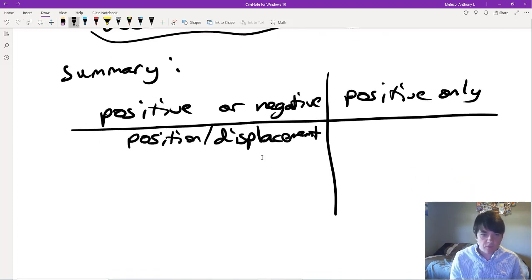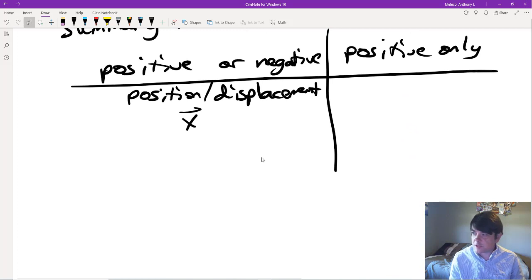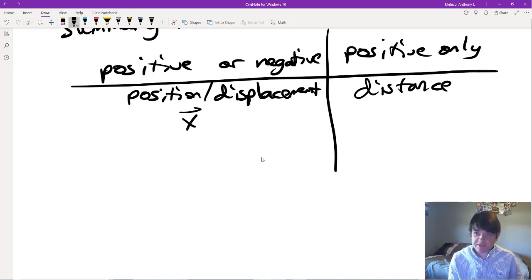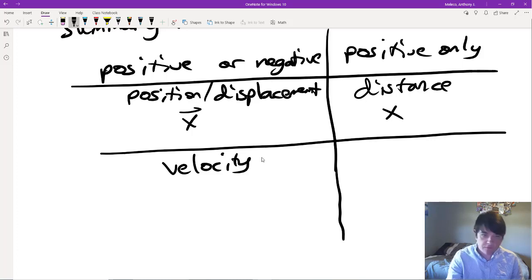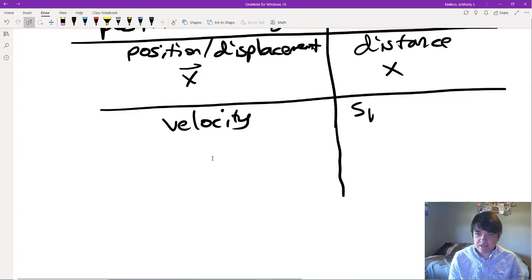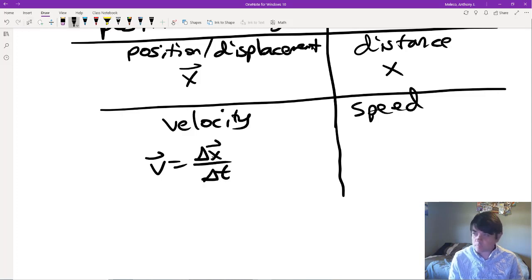This was x with the vector sign, because it can be positive or negative when you overlay a coordinate system on it. Distance is x. Velocity, and again, there were other ways to represent this, but this is probably the least ambiguous way to do it. Velocity and speed. So we have v, delta x over t.